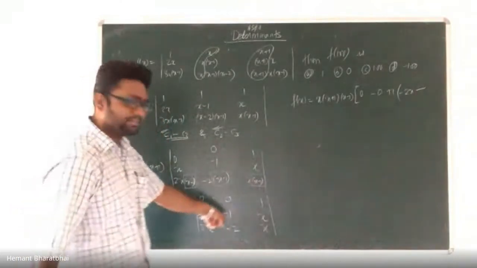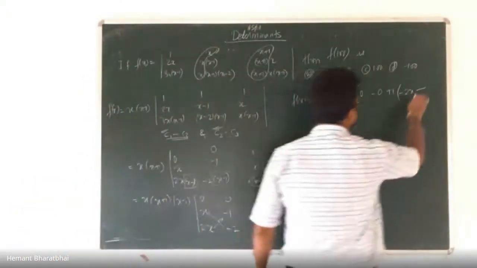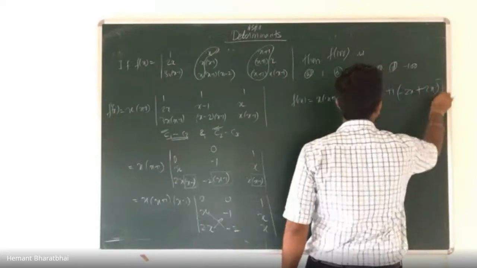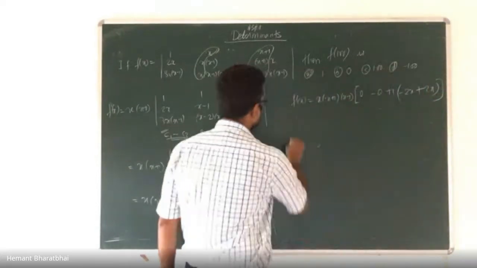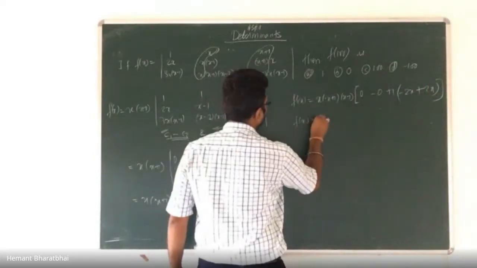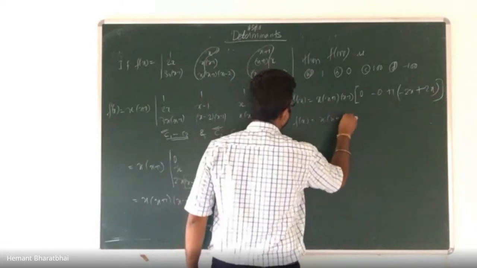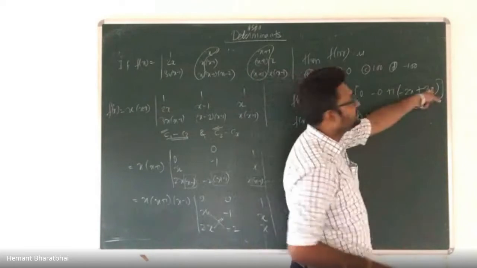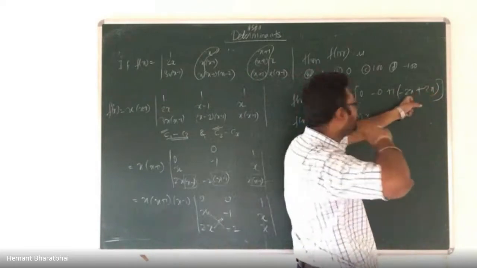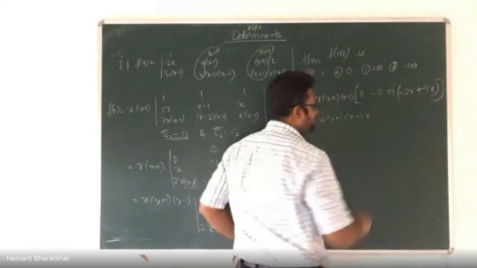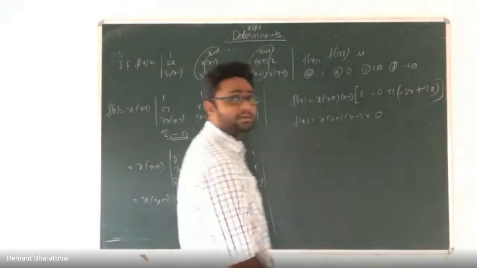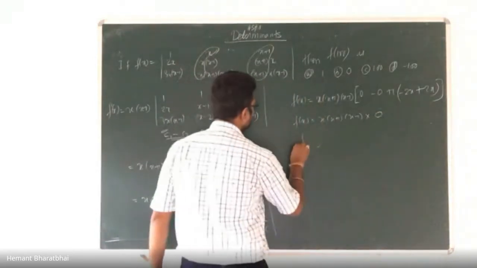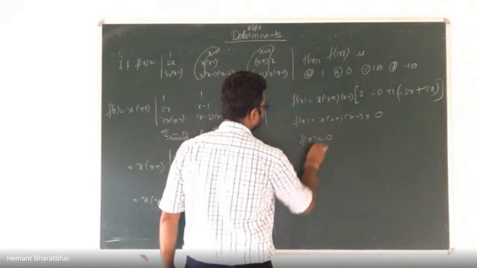Now this minus minus will become plus, so here I'll get plus 2x. 2x minus 2x gets cancelled. 1 into 0 is 0. So 0 plus minus 0 is going to give me 0 only. So I'm getting f of x is equal to 0.